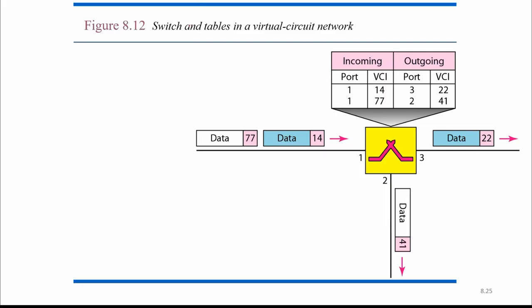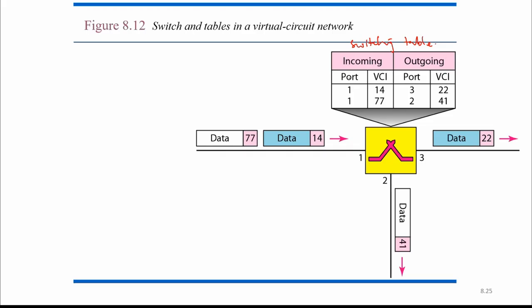Here each switch has a switching table. In a virtual circuit network, this switching table has 4 different columns: 2 columns for the incoming message and 2 columns for the outgoing message.